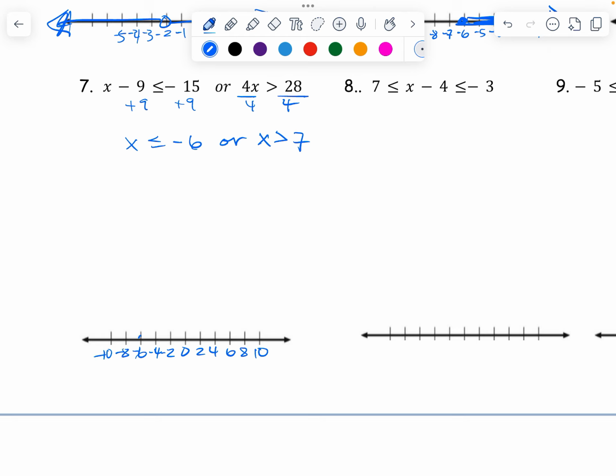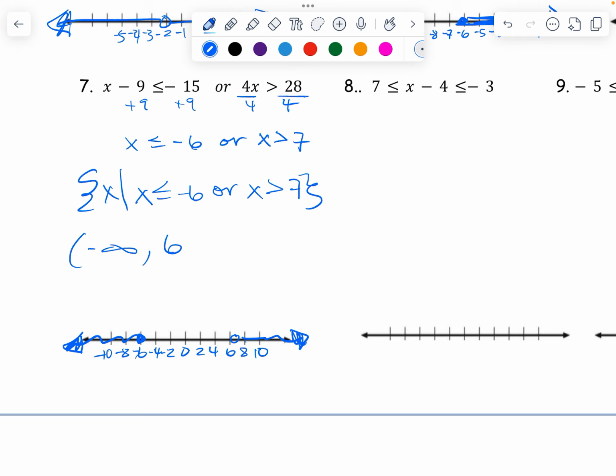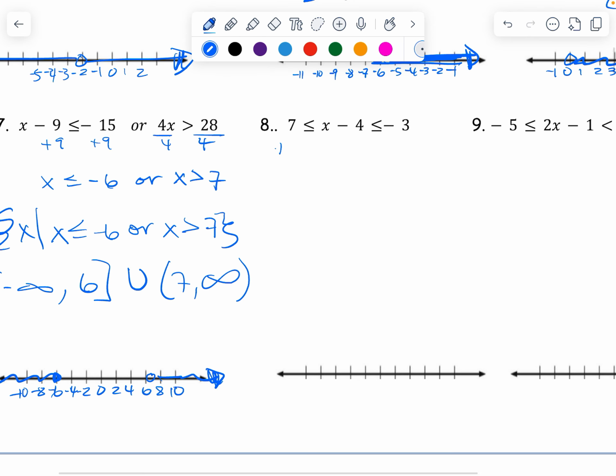It's less than or equal to negative 6 and greater than 7. So x is less than or equal to negative 6, or x is greater than 7. So there you have it.